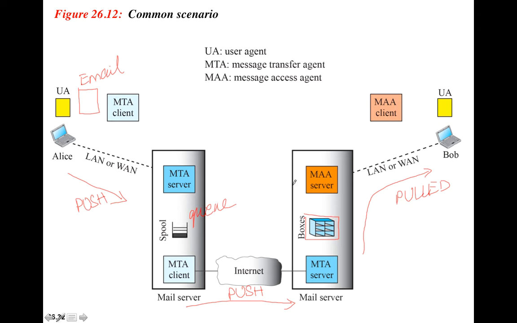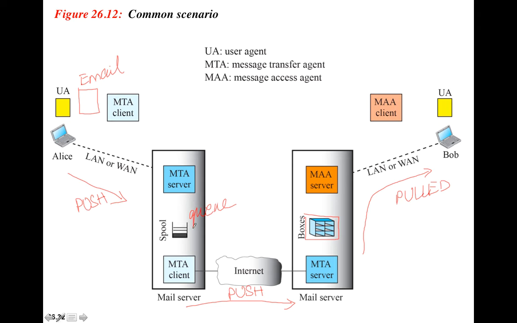Now, the mail servers are always on, and they're always waiting for information to come in. So when Alice wants to send something, the user agent here will send, and Alice could shut off her computer. It does not matter.